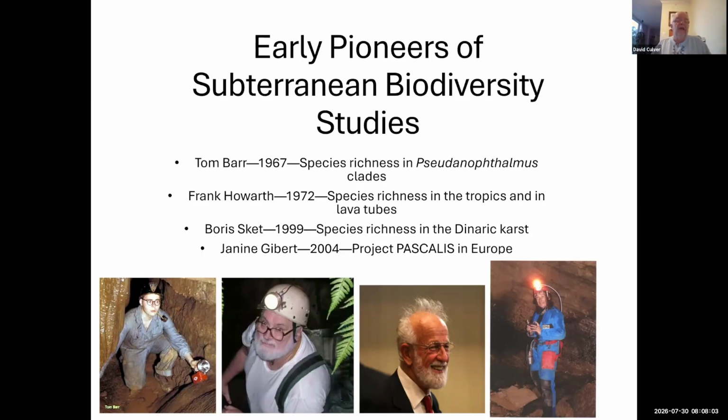So he expanded and made us all look more globally instead of saying the cave fauna is a north temperate fauna. Boris Sket, working in Slovenia and more generally in ex-Yugoslavia and the Dinaric Karst, championed the idea that species richness in the Dinaric Karst was higher than any place else in the world.